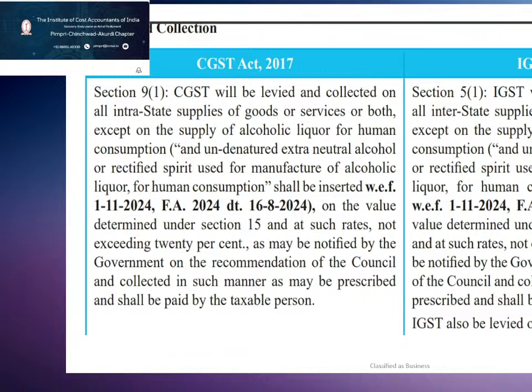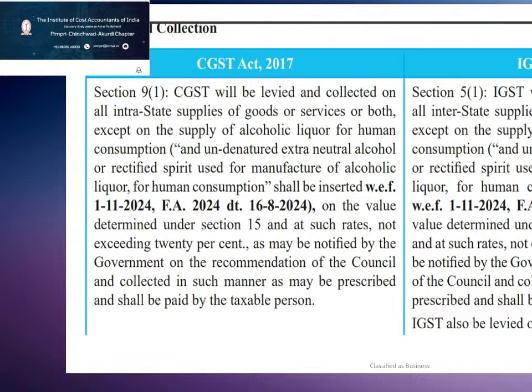The person located in the taxable territory other than a non-taxable online recipient. This is related to IGST. So if the person is in non-taxable territory, any person who is located in the taxable territory other than a non-taxable online recipient has to pay the GST.